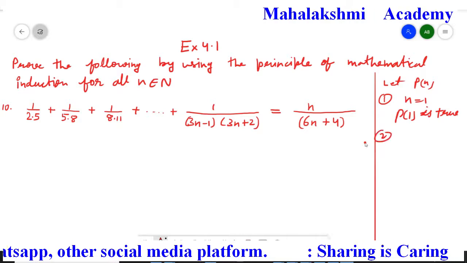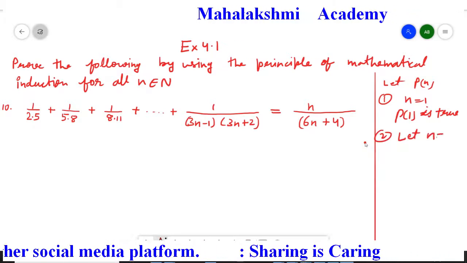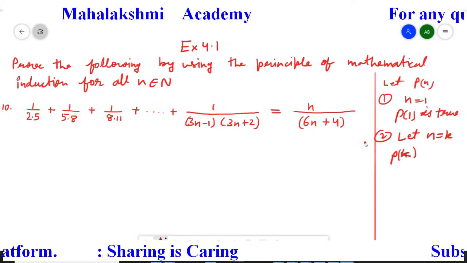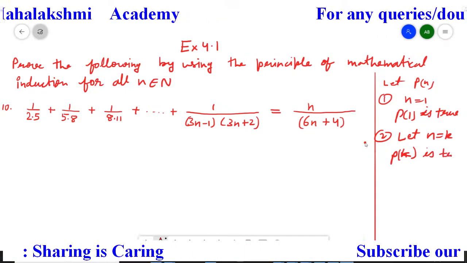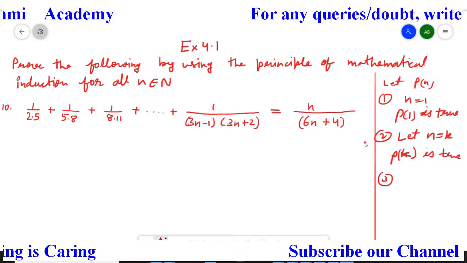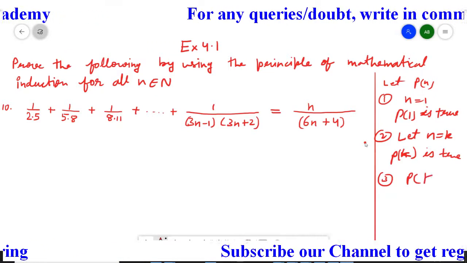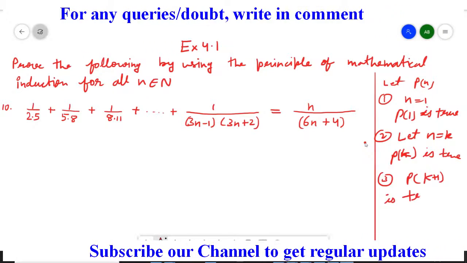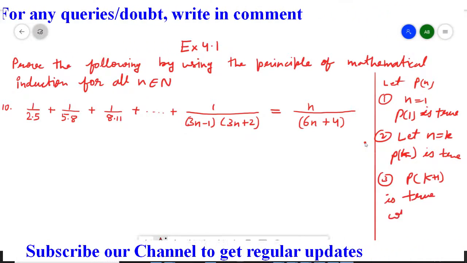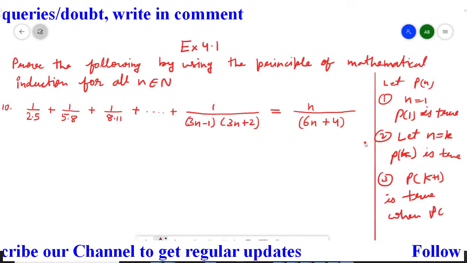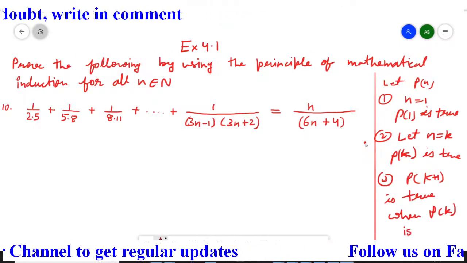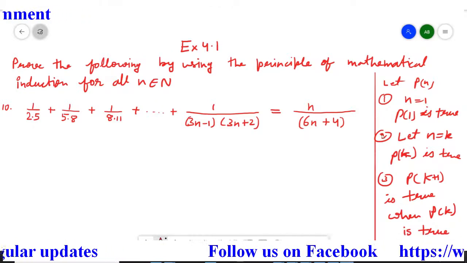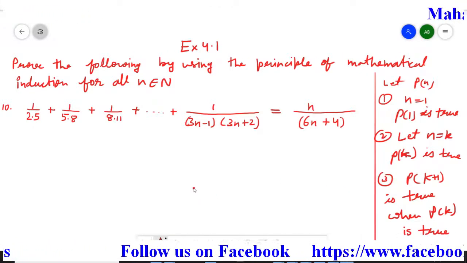In the second step we assume that for n equal to k, Pk is true, and in the third step we have to show that Pk plus 1 is true when Pk is true. So on these three steps we have to solve the question.